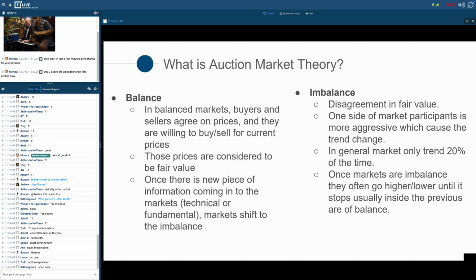So imbalances ultimately present disagreements in fair value, right? Buyers and sellers disagree on fair value. One side of the market participants is more aggressive, which causes the trend to change.